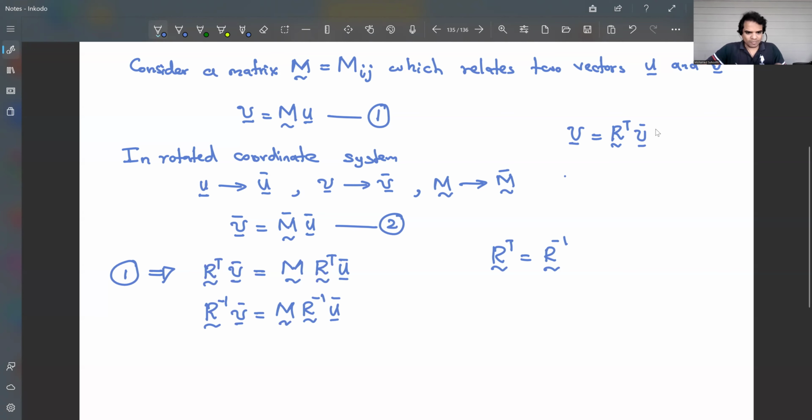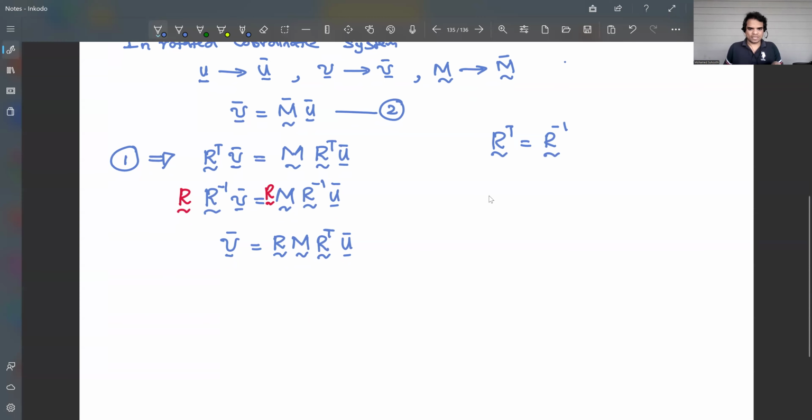I will write it in a different color. That means I am multiplying the rotation matrix R on both sides, pre-multiplication. Now it will become the identity matrix. You will get V bar here. Then here the rotation matrix R, M, R inverse, actually R transpose. I will write R transpose here, U bar. So this is now your equation number 3.